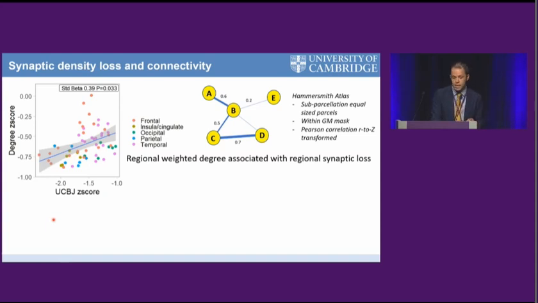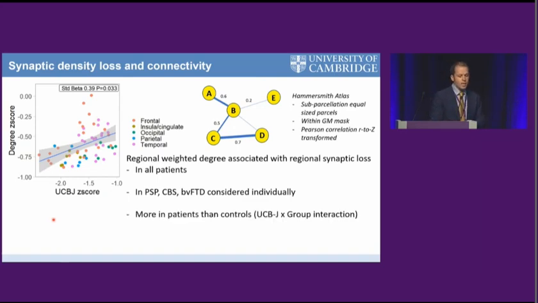And there's a relationship, with p-values computed with permutation testing, with spatial autocorrelation being preserved. We also looked in mixed linear effects models with a random intercept for participant for region and a slope within UCBJ for region, and found a relationship between weighted degree and UCBJ in all patients, and in each of the clinical syndromes considered individually, to a greater degree in patients than controls, and beyond age, sex, and fMRI motion, and also beyond atrophy.